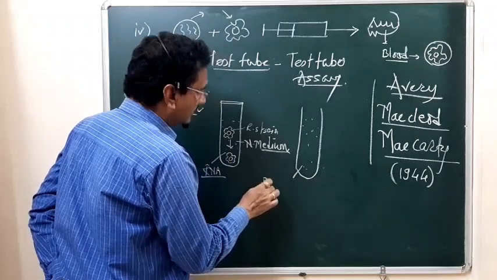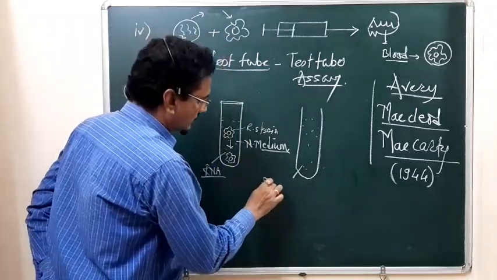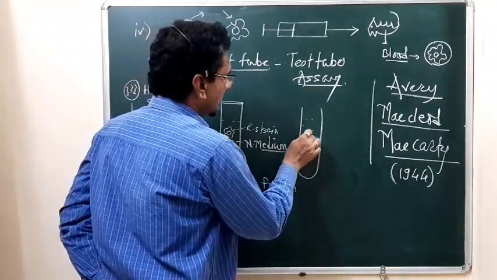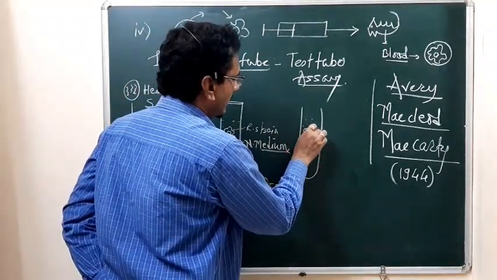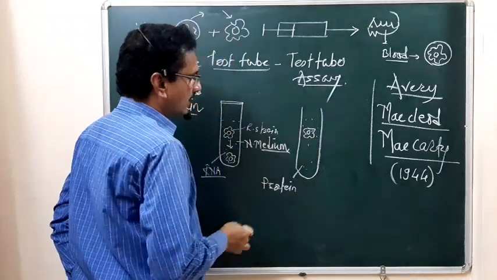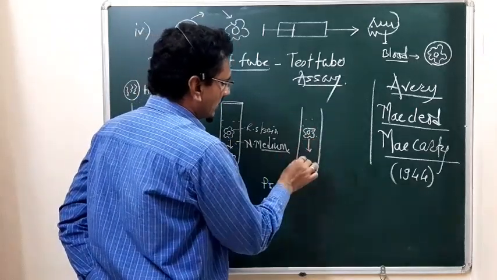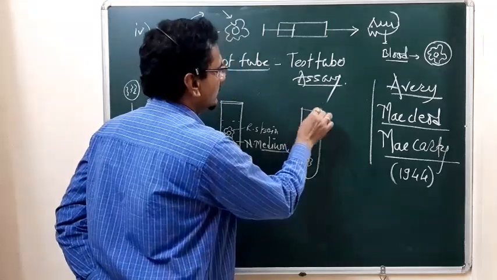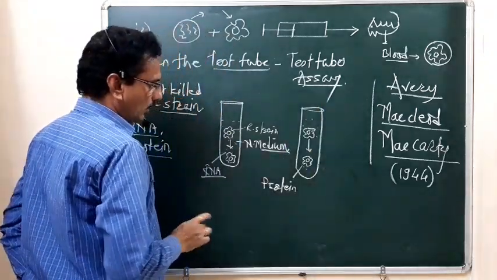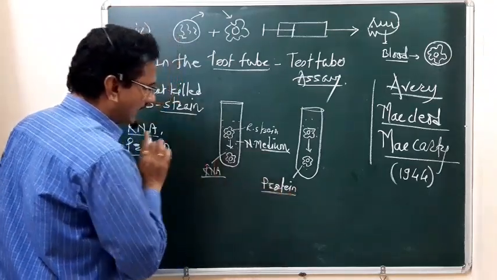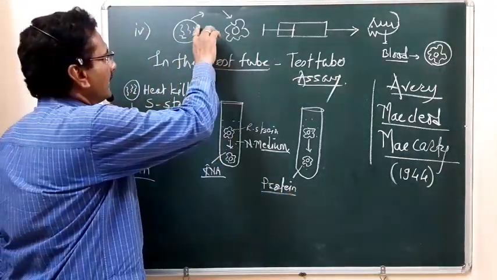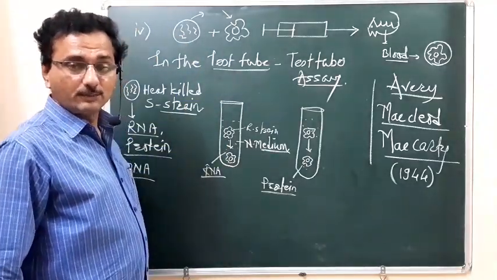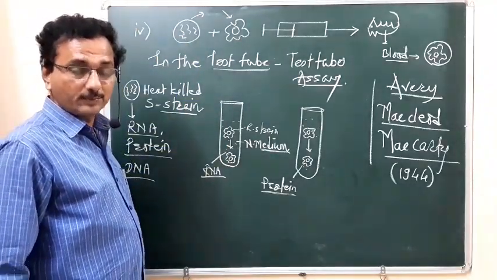In the presence of this protein, the rough strain never changes its property. The rough strain remains rough. So the protein and the RNA are not a transforming principle.